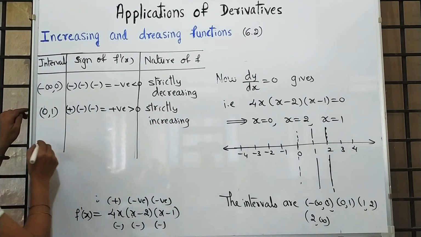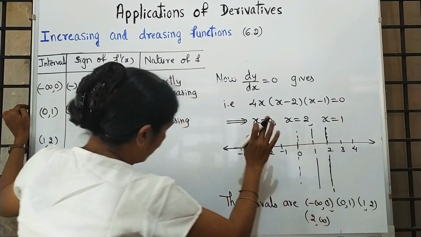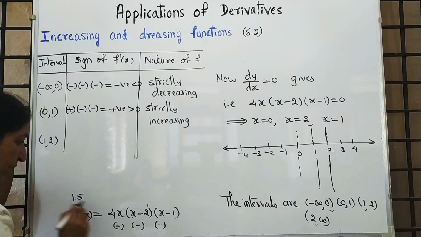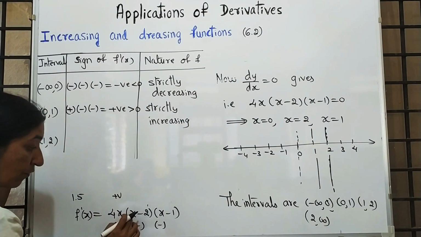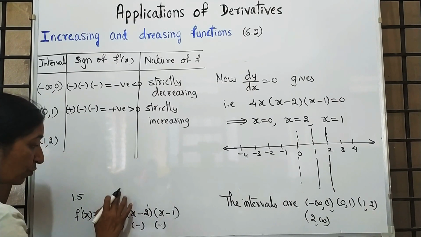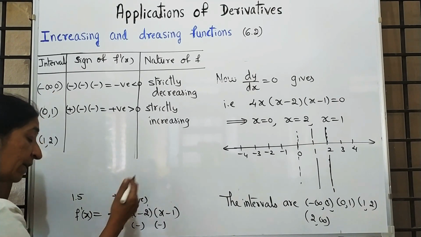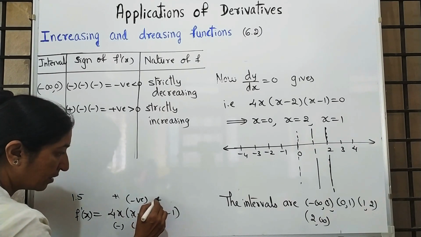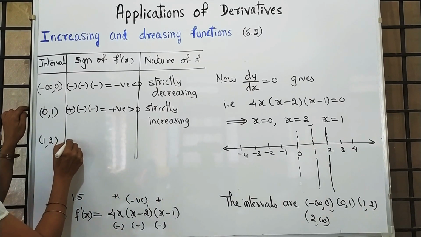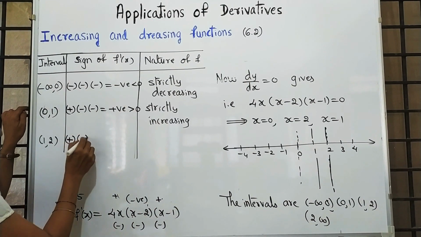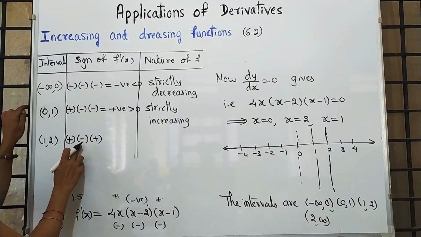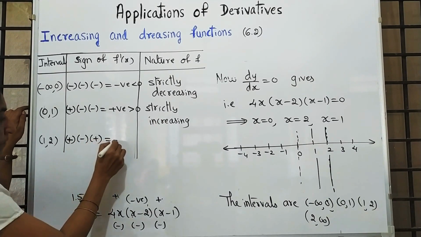Next, moving to the next one, 1 comma 2. In between 1 and 2, if you take 1.5, this is positive. 1.5 minus 2 is negative, because minus 2 is bigger. 1.5 minus 1 is positive. So total we have 3 brackets, positive, negative, positive. Plus into minus is minus, minus into plus is minus.